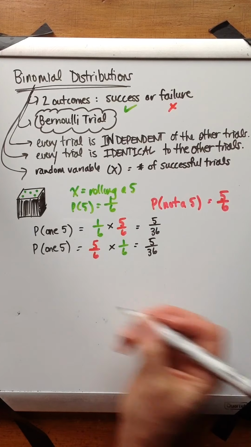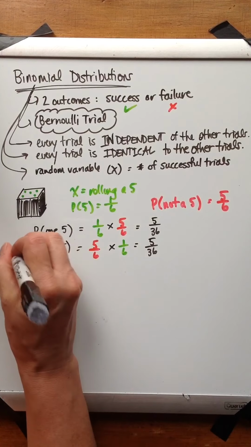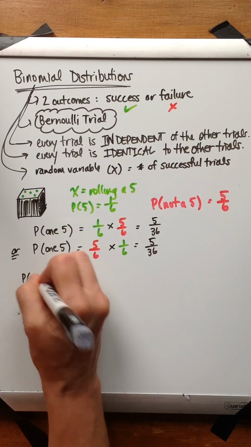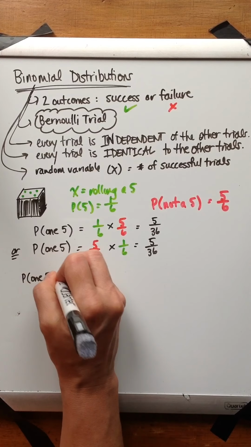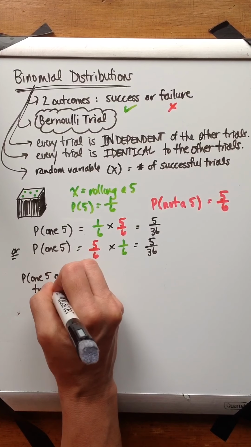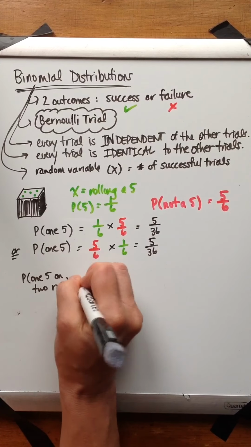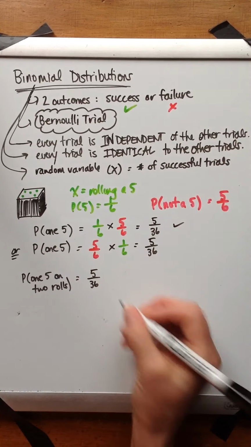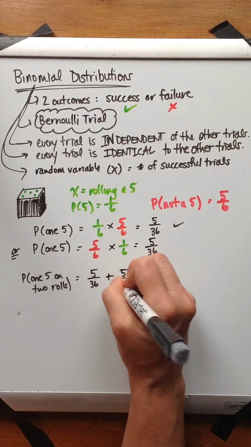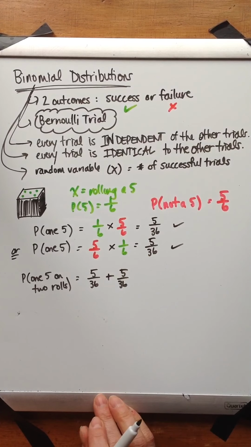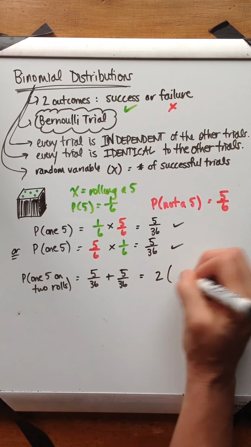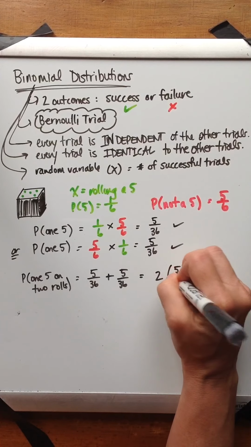So overall, if I want to get the probability for both these scenarios, I can say the probability of getting a 5 on 2 rolls could be 5 out of 36 for scenario number 1, or it could be 5 out of 36 for scenario number 2. That means that I have 2 times 5 out of 36.